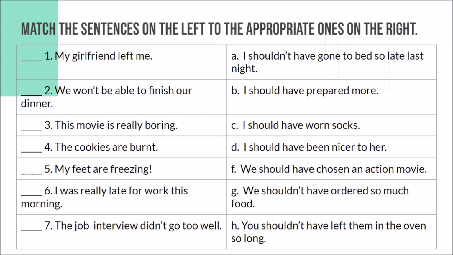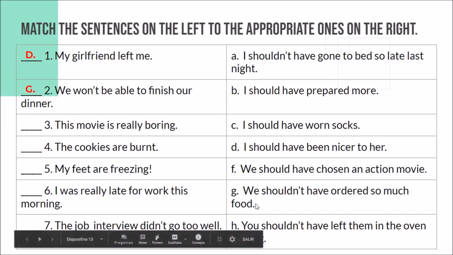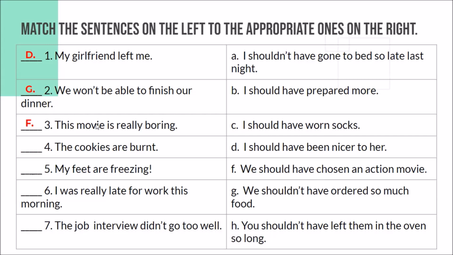Okay, let's check the answers. The first one is, my girlfriend left me. I should have been nicer to her. Then D, we won't be able to finish our dinner. We shouldn't have ordered so much food. 3 is F. This movie is really boring. We should have chosen an action movie. Then 4 is H. The cookies are burnt.